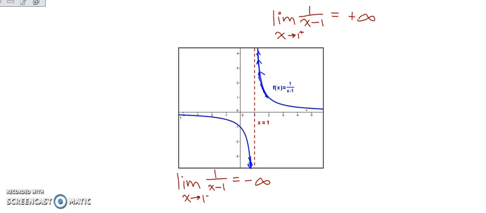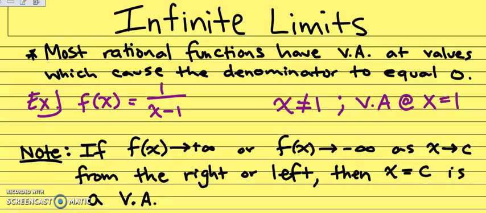So the limit of 1 over x minus 1 as x approaches 1 from the negative side is equal to negative infinity. So if f of x approaches positive infinity or negative infinity as x approaches some value c from the right or from the left, then x equals c is a vertical asymptote.